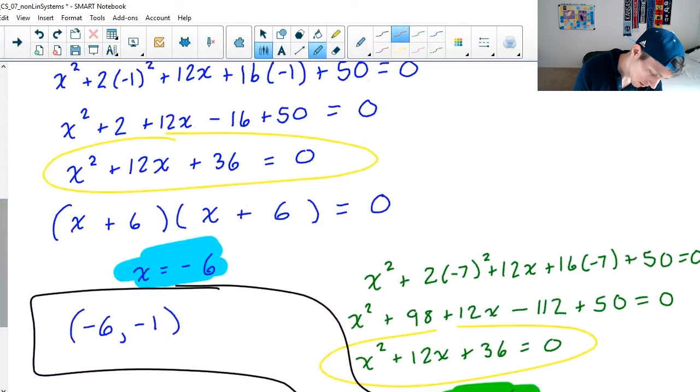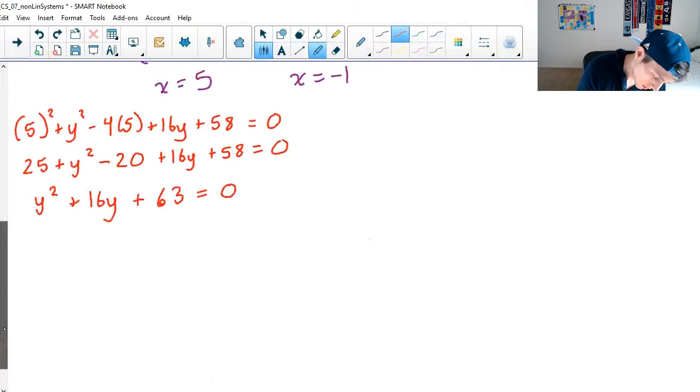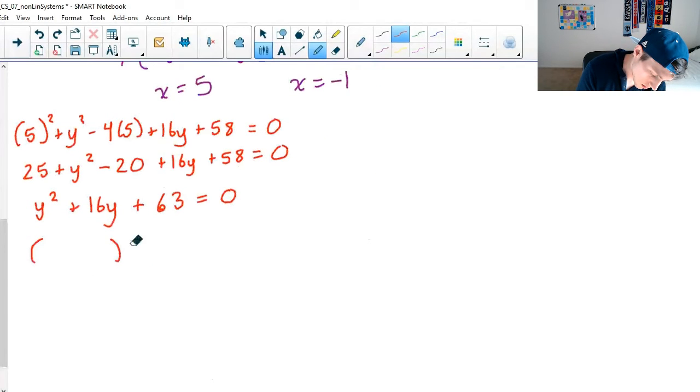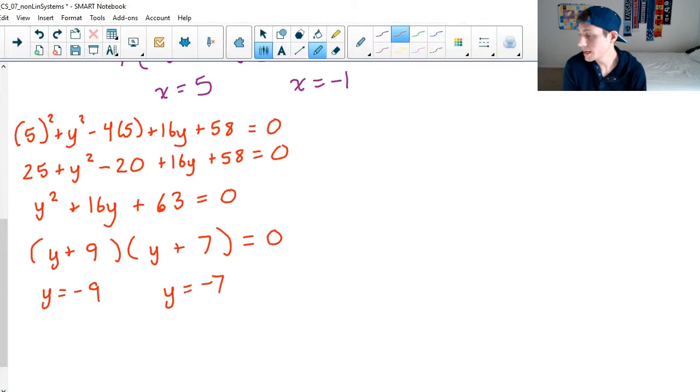So we're going to do the same thing. Let's factor this and see what we get. Two numbers that multiply to make 63, but add together to make 16. Y plus 9, y plus 7. So we get y equals negative 9 and y equals negative 7.